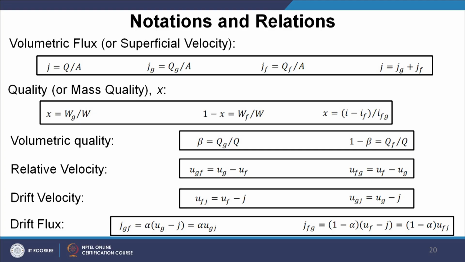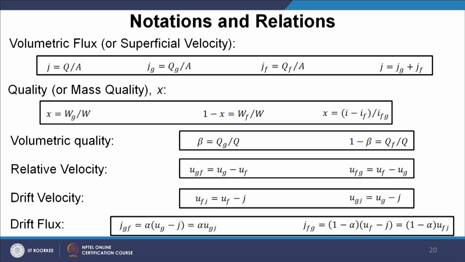So, UF minus j is the velocity by which the liquid phase is lagging from the overall flow. You can write this as the drift velocity for the liquid, UFJ is equal to UF minus j. In the same fashion, we can write for gas: UGJ is equal to UG minus j, how much the gas is drifting from the overall flow.